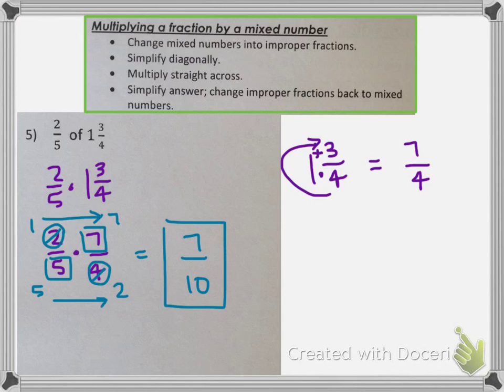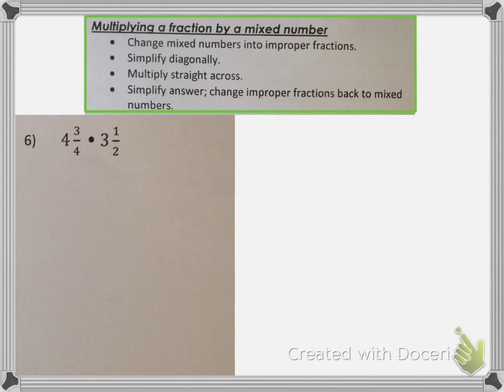All right, so now in this problem we have 2 mixed numbers, which means we have to convert both of the mixed numbers into improper fractions before we can start our multiplication process. So we have 4 3/4. If we do our little boomerang thing, 4 times 4 is 16, plus 3 is 19. So this is 19/4.